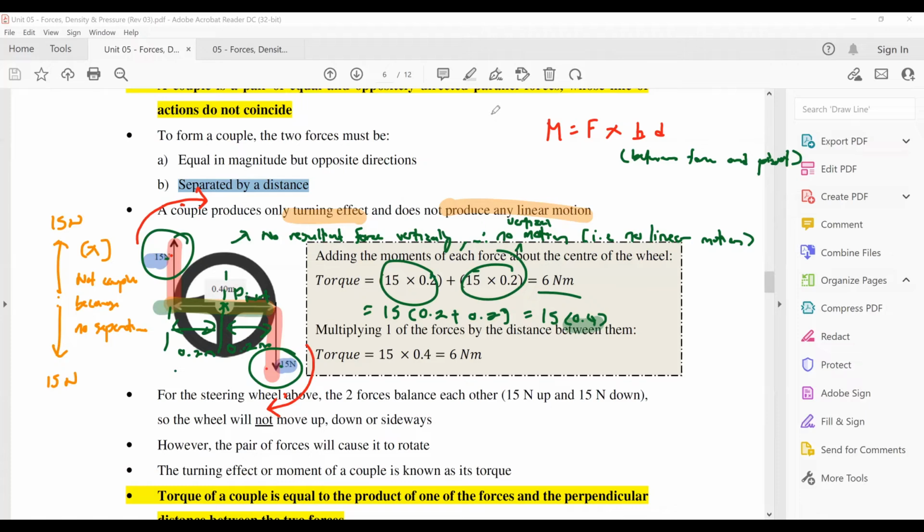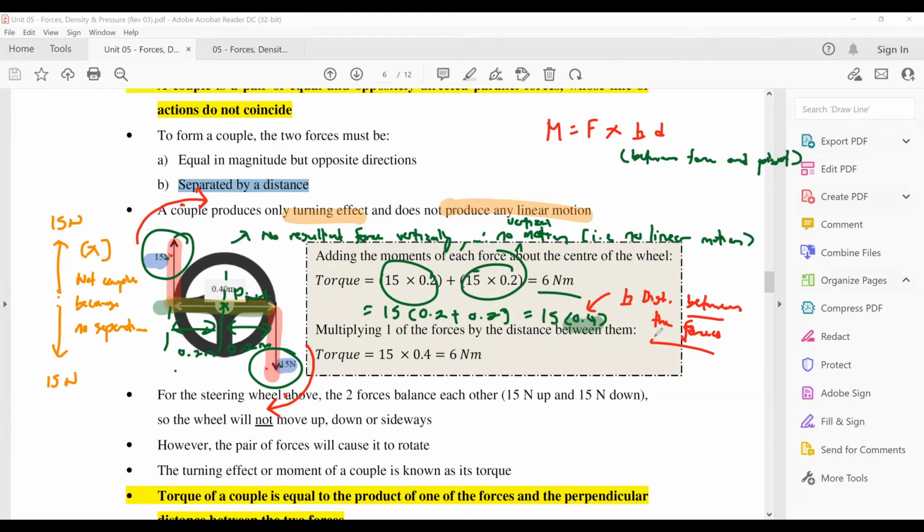So you notice that this 0.4 is actually this entire distance here. It's actually the distance between the forces. Let me just write another thing. It's actually the perpendicular distance. It's more accurate to say that. It's the perpendicular distance between the forces.